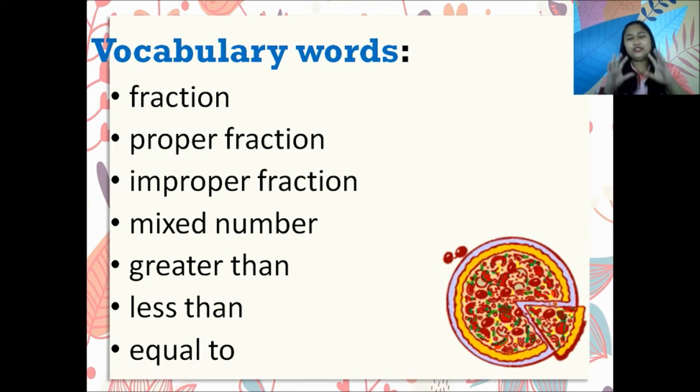Alright, I want you to have a quick review about proper fraction, improper fraction, and mixed number. For the proper fraction, don't forget that the numerator is smaller than the denominator. For the improper fraction, the numerator is greater than the denominator.